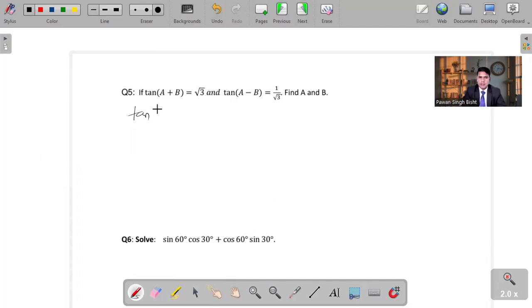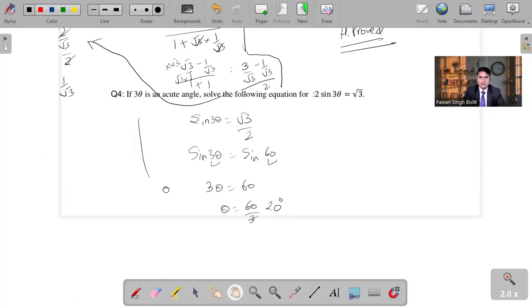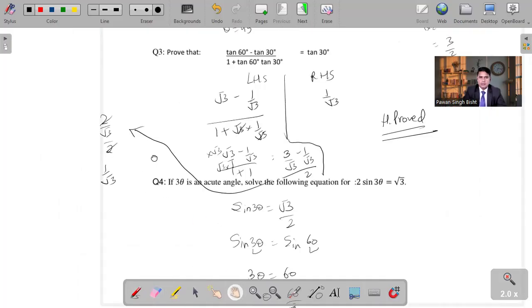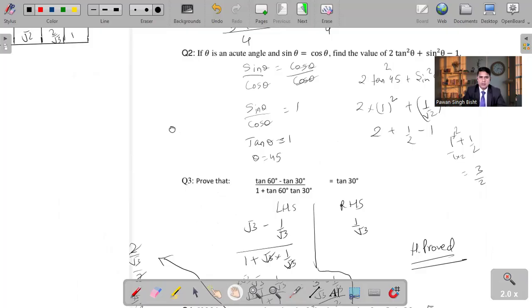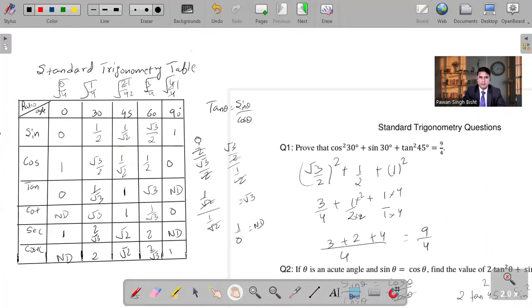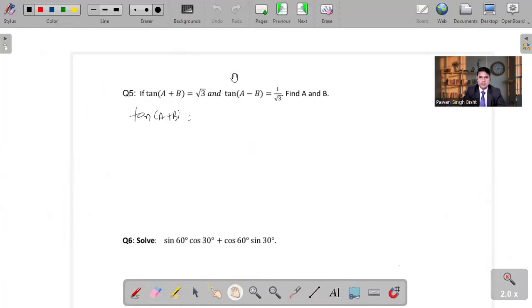In the previous table, we have seen that tan 30 value is 1 upon root 3. You see in the table, tan 30 value is 1 upon root 3 and tan 60 value is root 3. So I will use it, right? So here we write tan 60.